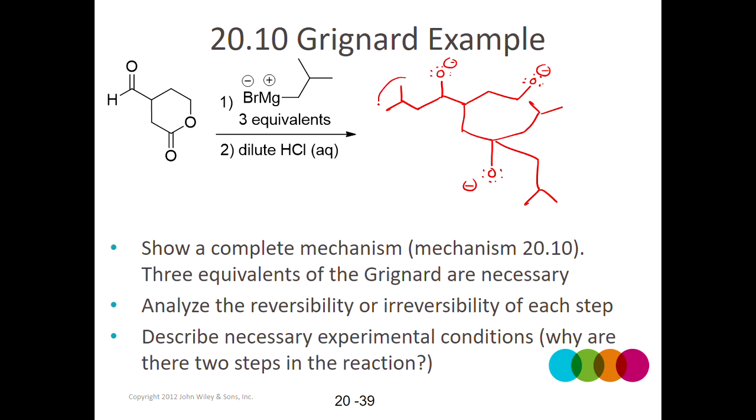So this was the first equivalent we saw attack, this was the second, and this was the third. And then when the HCl is added, each one of these oxygens would pick up a proton and end up becoming an OH.